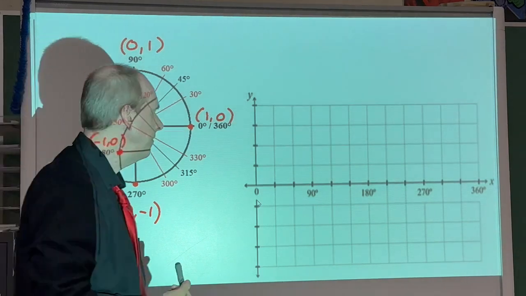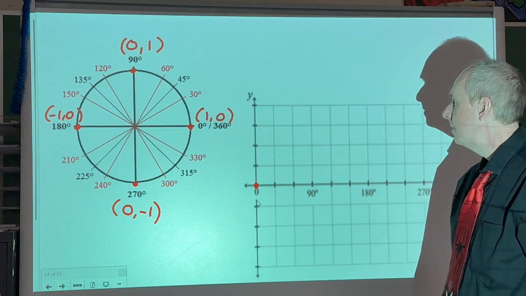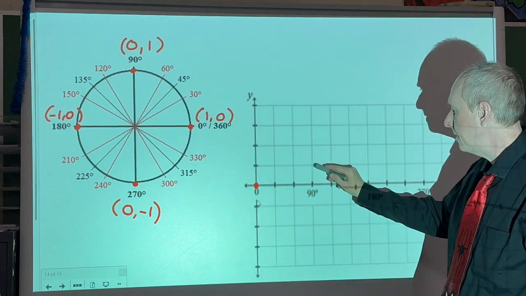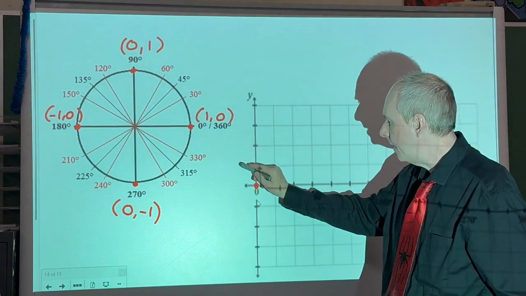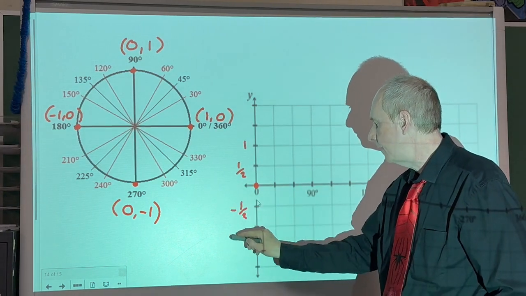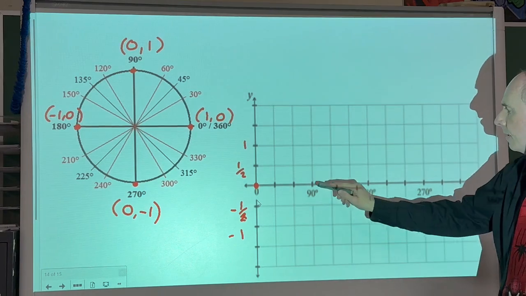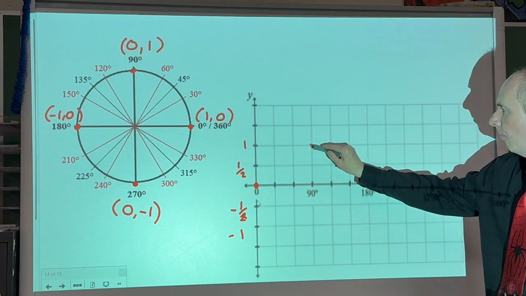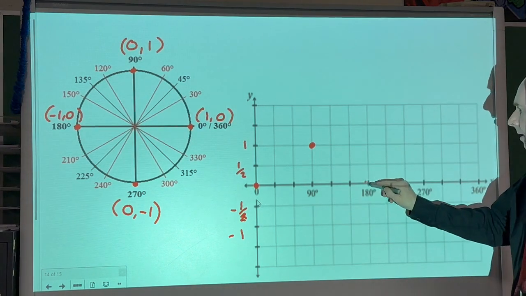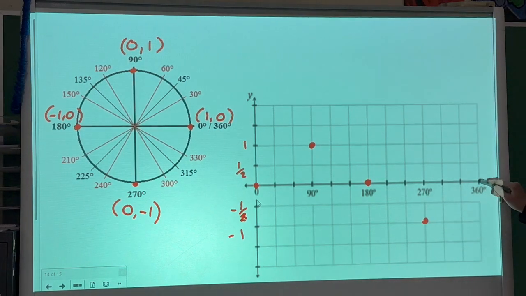So if I were to graph those, here's what I get. 0, 90 is 1. Well, how about I make this a half, and I'll make that 1. I'll make this negative 1 half, negative 1, just to spread it out a little bit. 90 is up at 1. 180 is 0. 270 is negative 1. 360 is back to 0.